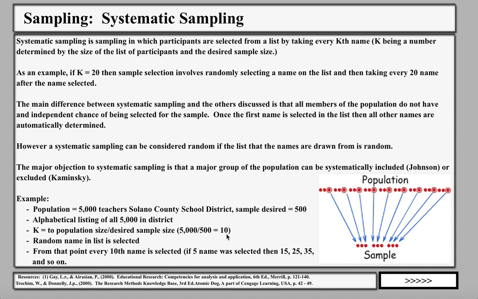So that equals 10. So now k becomes 10. So a random name is selected from the list of all of the 5,000 teachers, and then from that point, every 10th name is added. If it was 5 that was selected, then it would be the 15th, the 25th, the 35th, the 45th, and so on. And so that's an example of systematic sampling.